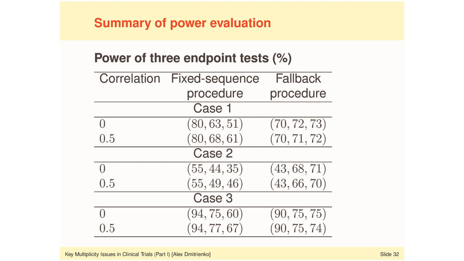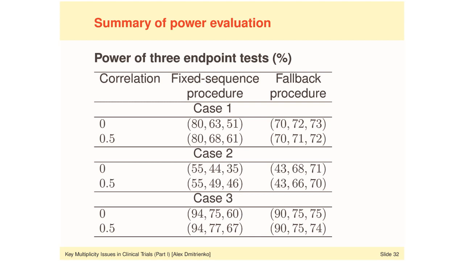At first, let's take a look at the second column under the heading Fixed Sequence Procedure. This column shows the probabilities of rejecting the 3 individual null hypotheses. These are marginal powers when the multiplicity adjustment relies on the fixed sequence procedure. This information is exactly what we discussed on slide 17.